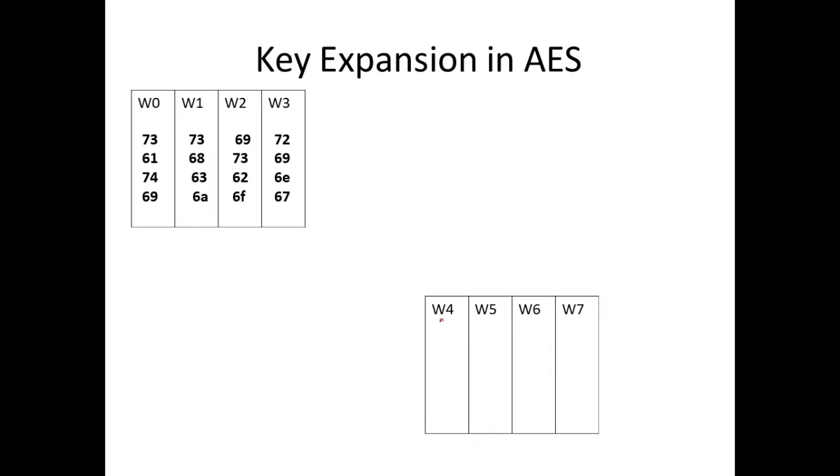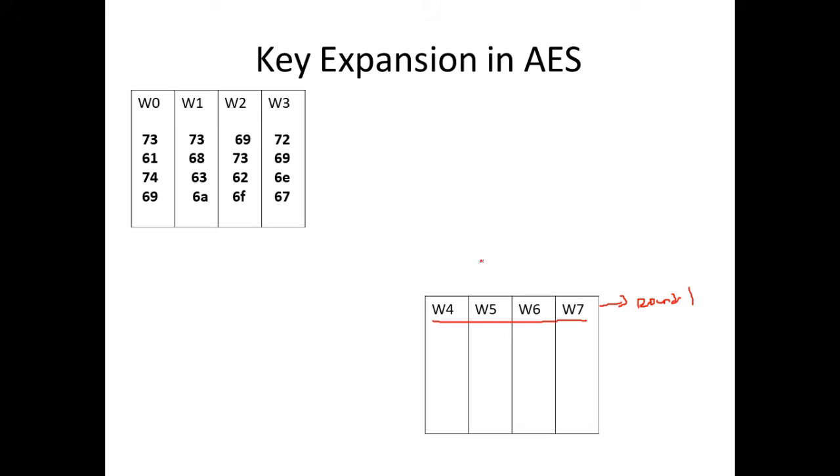So what we are going to see now is we have 4 words here, that is from the original key. Using these 4 words, how to generate the next 4 words, W4, W5, W6 and W7. This will be used as a sub key in round 1.